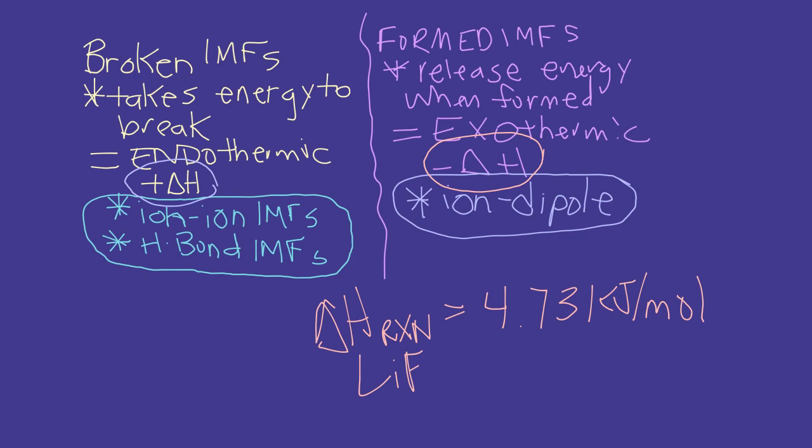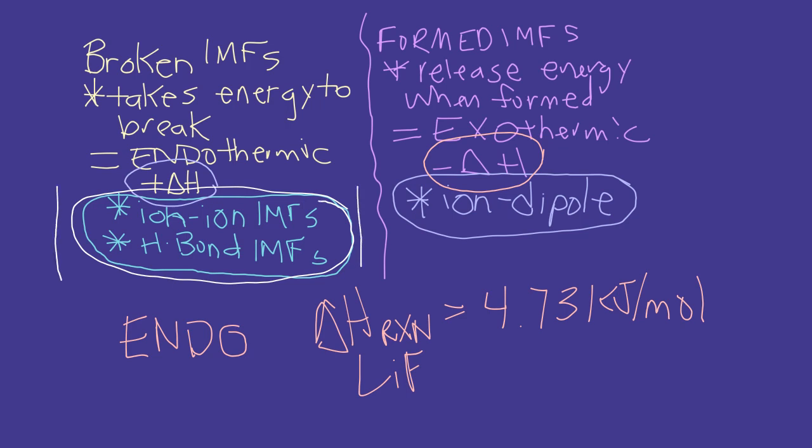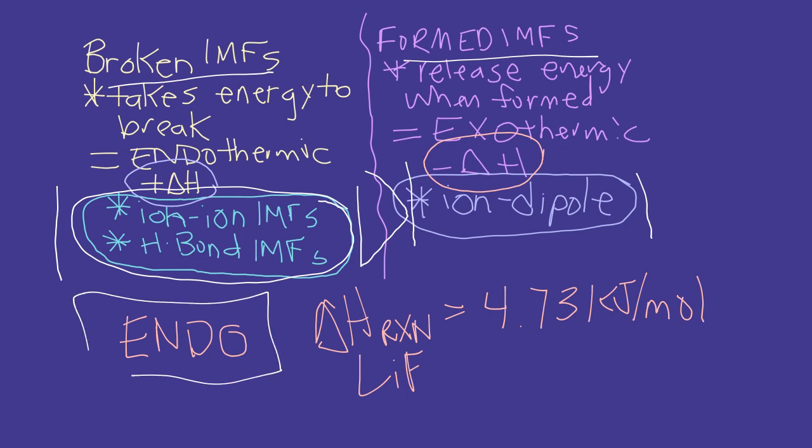And what this tells us is that this overall process is endothermic. So what does that mean applied to our values in this little table that we created? What this tells us is this total value of the things that are endothermic, if we take the absolute value of this, the absolute value, has to be bigger than the absolute value of the exothermic things, because in total, it took more energy to break bonds than it did to form bonds, because overall, this is endothermic.